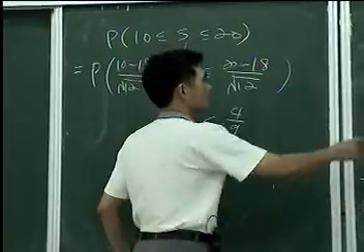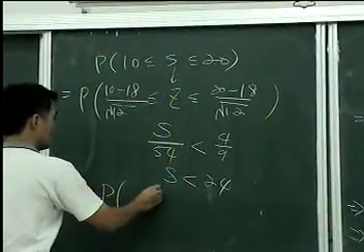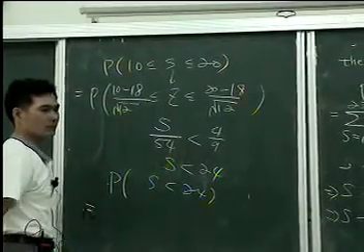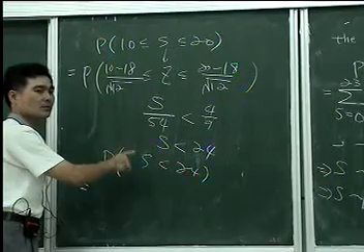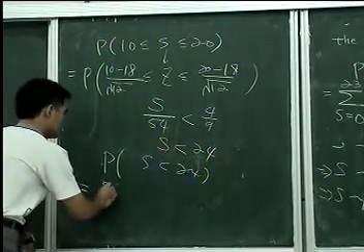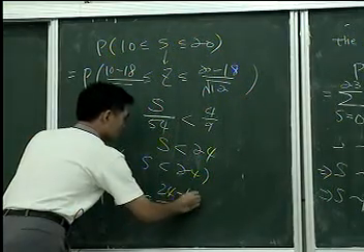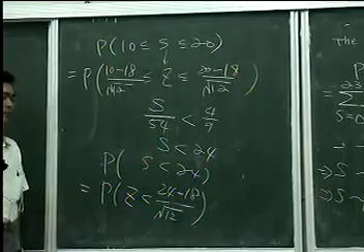The same thing, but the difference is S less than 24. Now we are going to transform this distribution into a standard normal. So it is P(Z less than (24 minus 18) divided by square root 12).